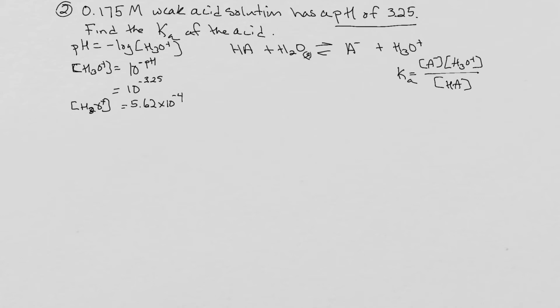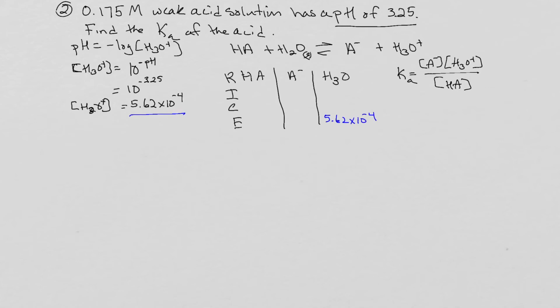So if we go ahead and make up our RICE table, where we have HA, A minus, and hydronium, what do we know? What we know now from this problem is we know the equilibrium concentration of hydronium ion right here. So that's going to go right down here, 5.62 times 10 to the negative 4.